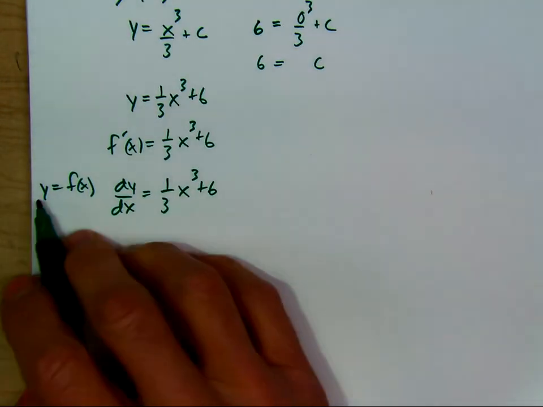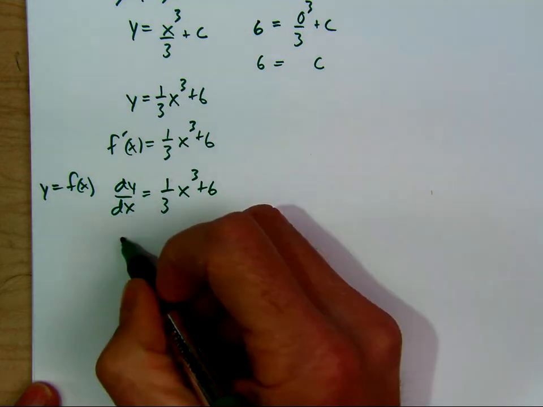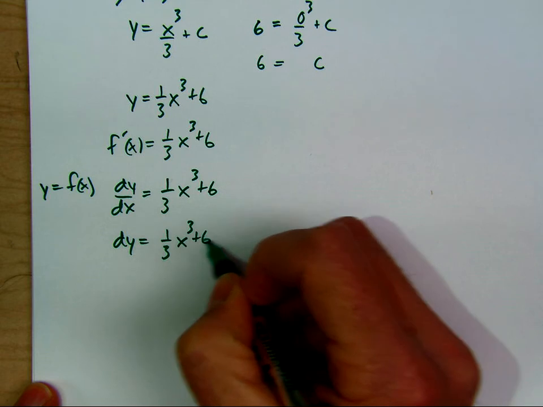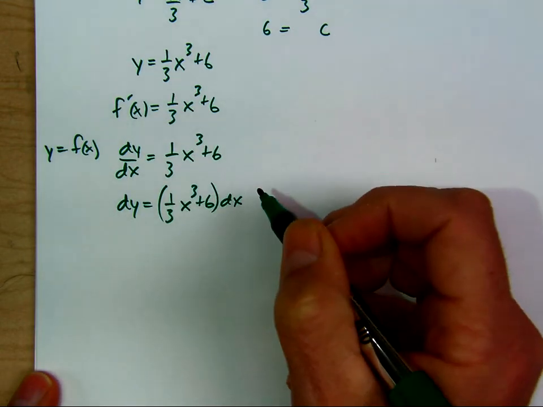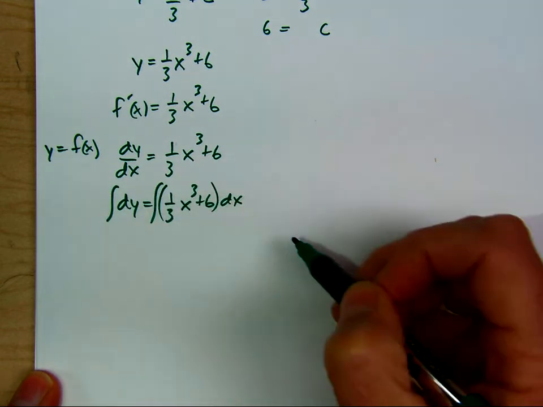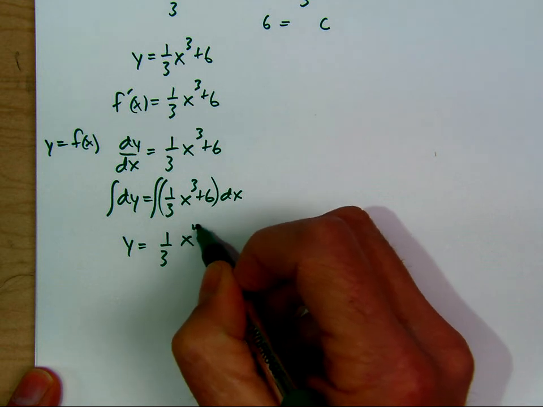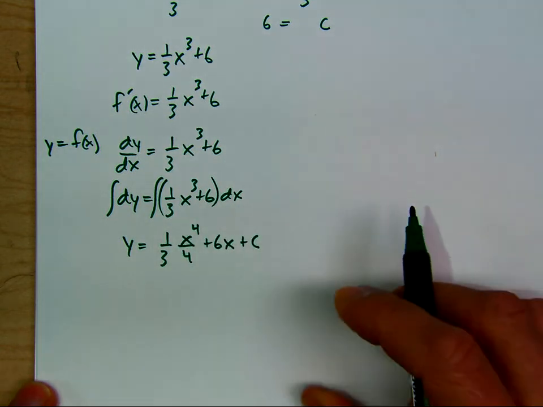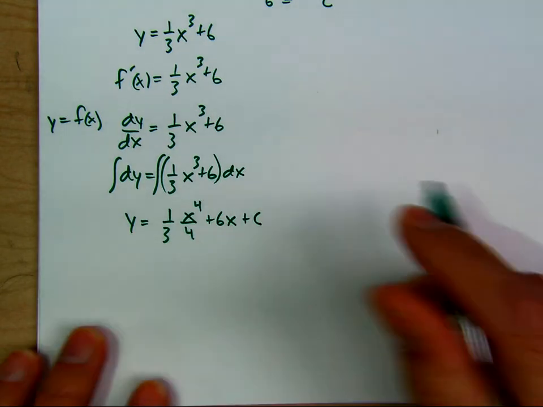So we'll just start over with a new Leibniz notation, separate the variables. Integrate. And substitute for the y.